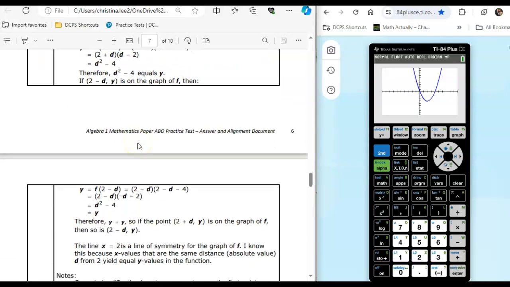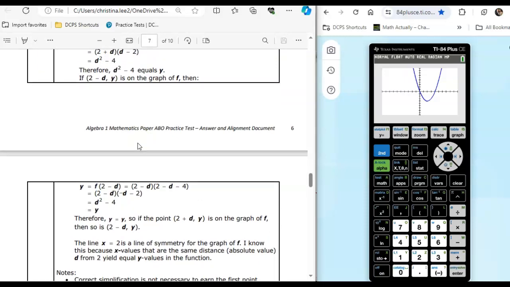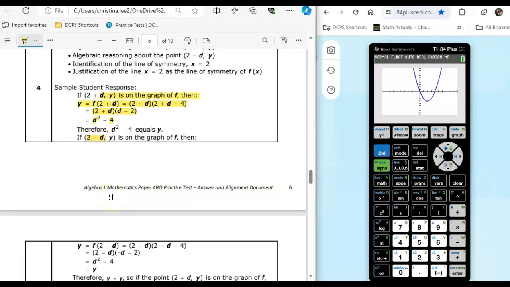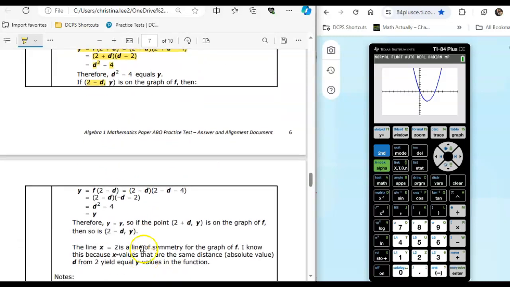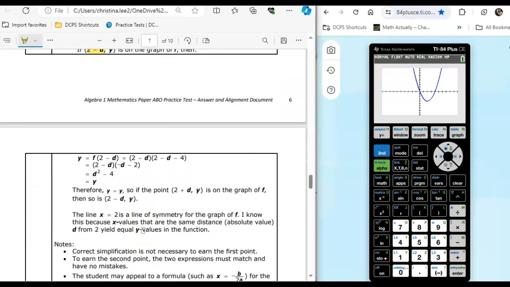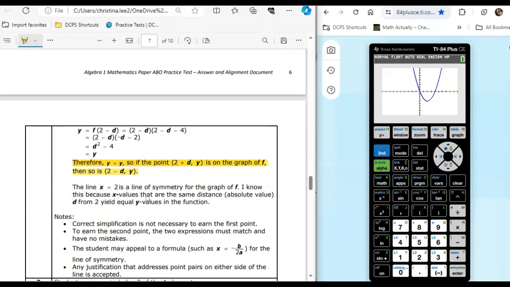On the second one then, same thing, if we plug in 2 minus d for x, we get an output that is the same as when we put in 2 plus d. And so that is the way that we show that because y equals y, the point 2 plus d comma y is on the graph of f, and so is 2 minus d comma y.